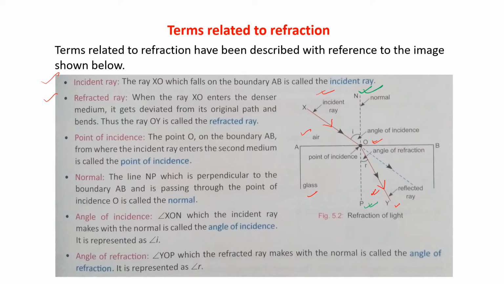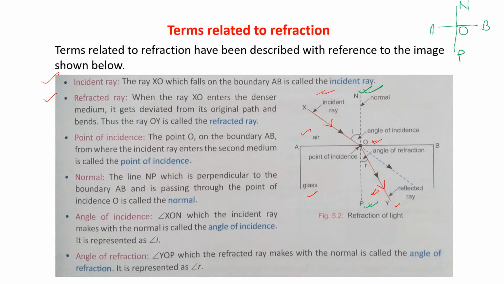You can see here, this is the boundary AB and this is your line NP. So the line NP is perpendicular to the boundary AB and is passing through the point of incidence O. It is passing from here. This is called the normal.